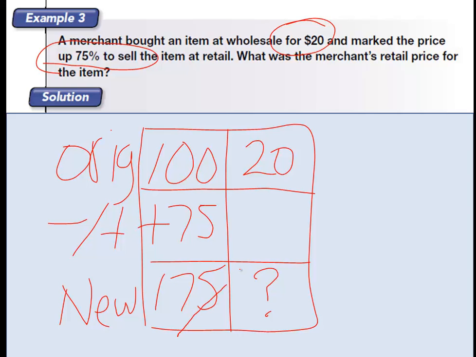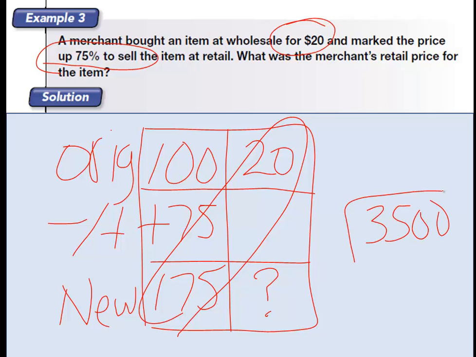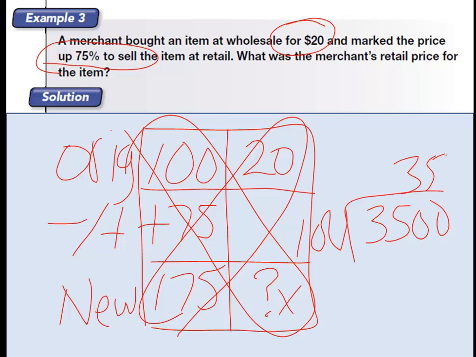So you're going to cross multiply: 175 times 20, which is going to be 3,500. Then you're going to divide by the 100, and that's going to give you your variable down here, x or whatever this happens to be. And 100 goes into that, it's going to be $35. So our answer is $35.